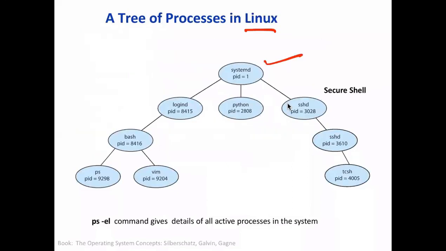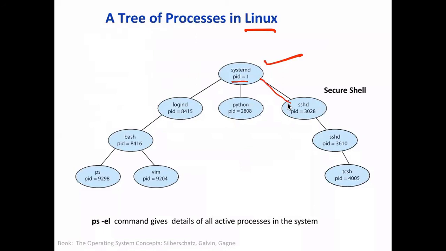It has process ID 1, and from that we can fork a number of processes, for example from the shell process. What is the forking mechanism? Creation of a new process from one process is forking.